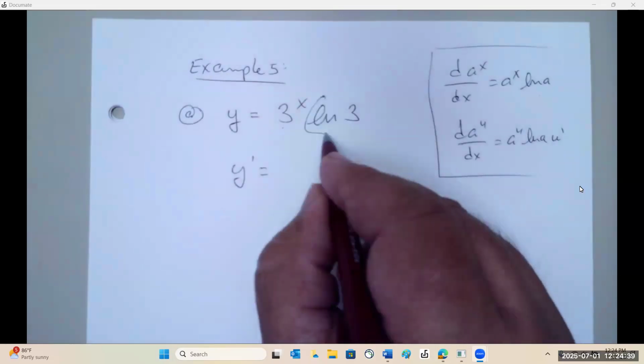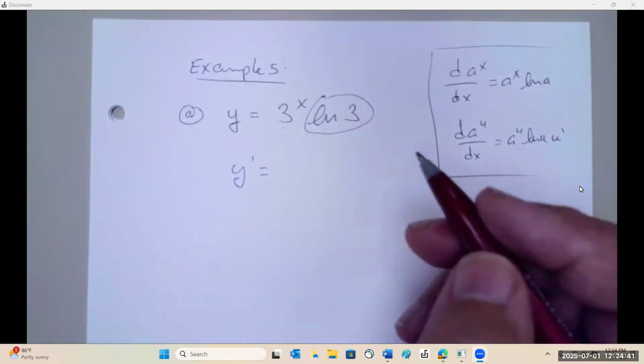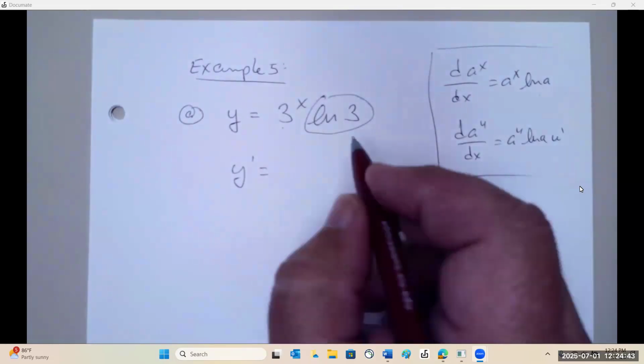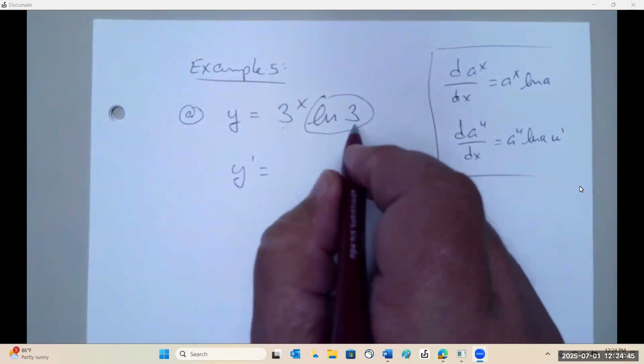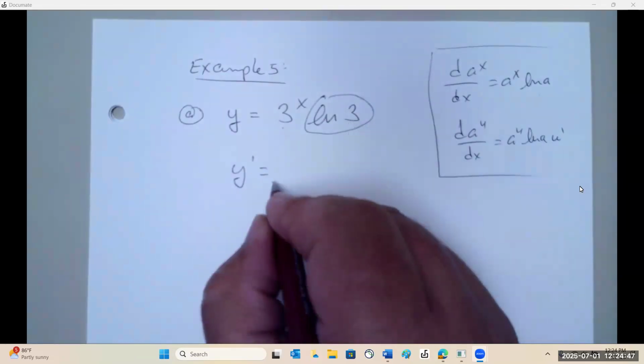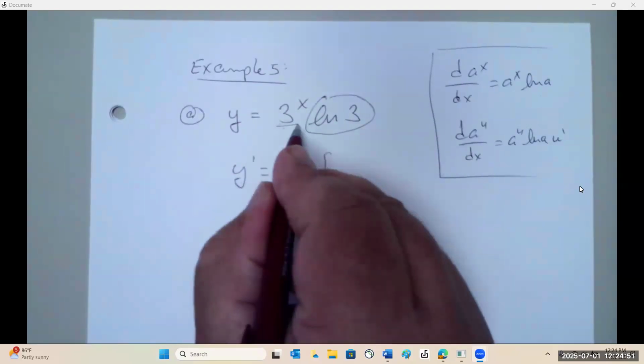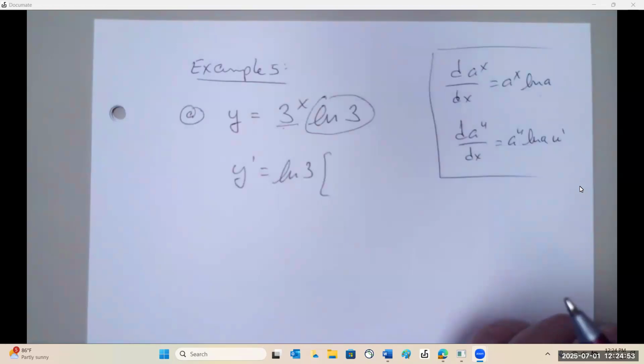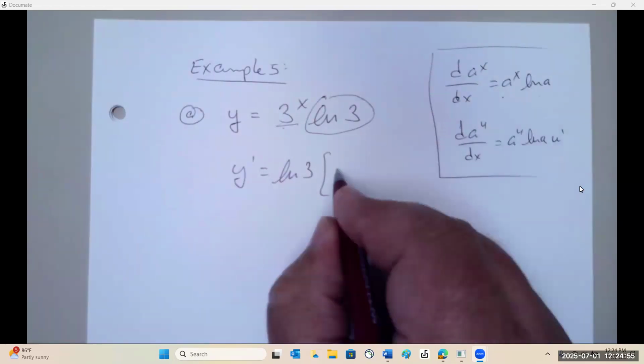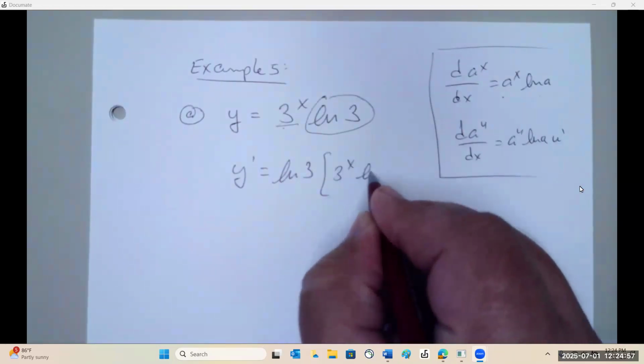This is a constant. It would be a product if this was a function of x, but this is a constant, so I could bring it out in front. So what's the derivative of 3 to the x? 3 to the x ln 3.